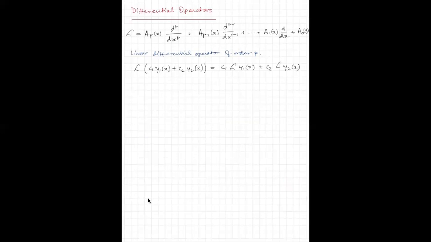So this is a linear map in function space. Okay.